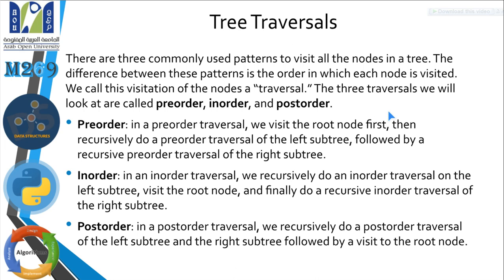Now, tree traversal is actually the order of visiting the nodes, and each node must be visited one time only. For example, I have now three cities: Riyadh, Jeddah, Dammam.